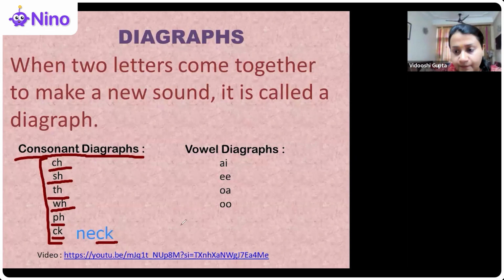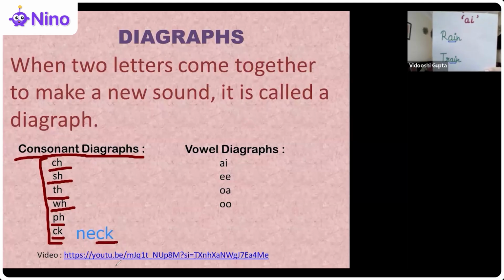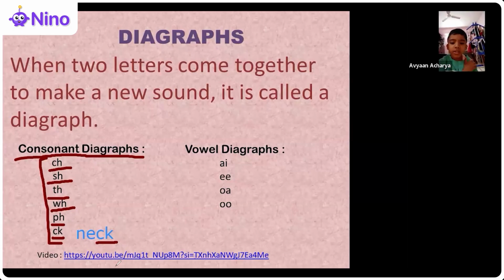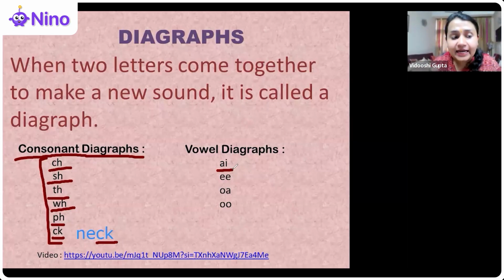Okay, so I have some examples for you here. For example, A and I together, in the word rain, in the word train. It is making a new sound, that is A. A and I coming together makes a new sound, that is A. Otherwise, we know the sound for letter A is A, alligator.